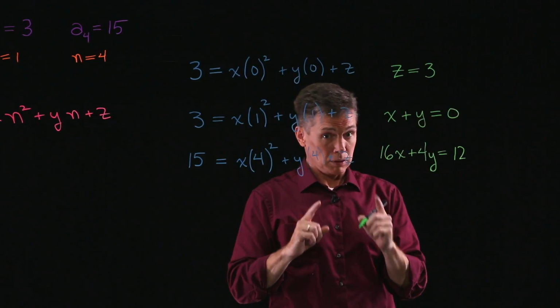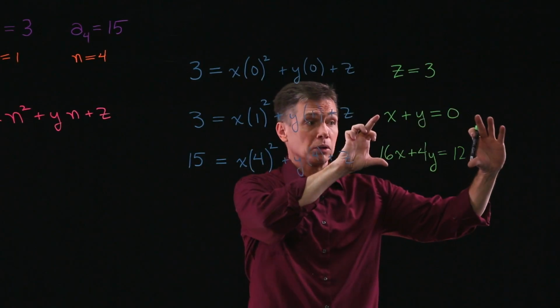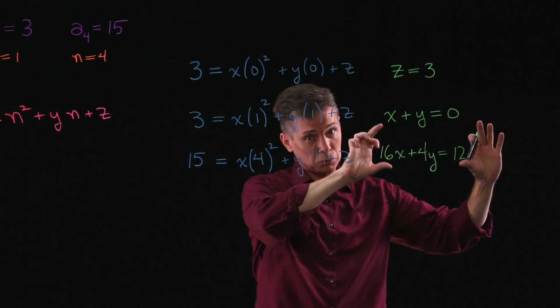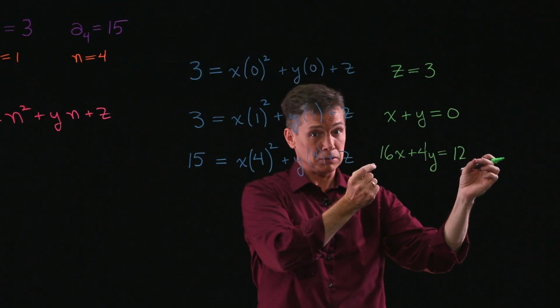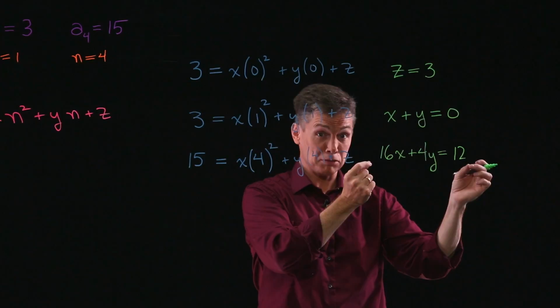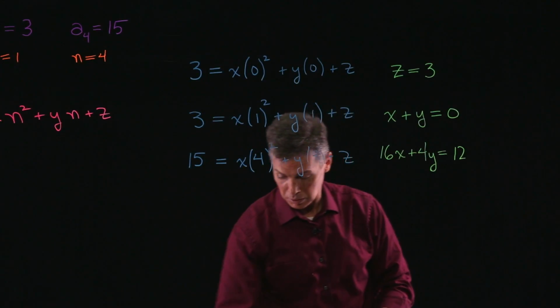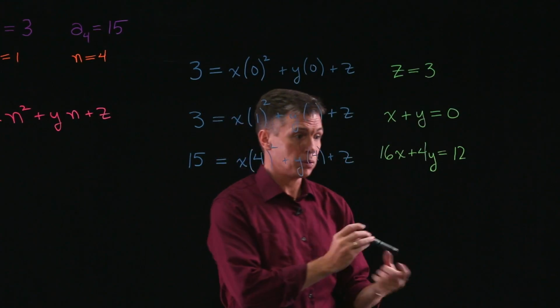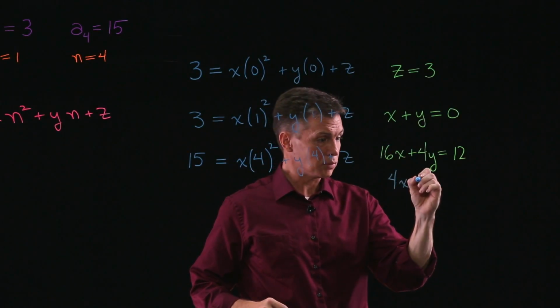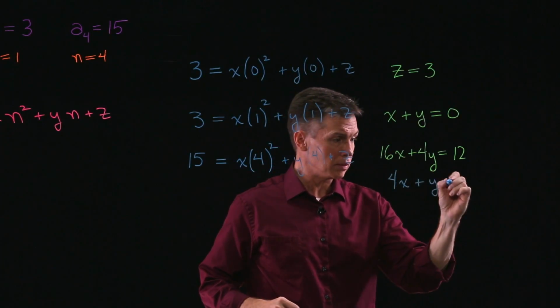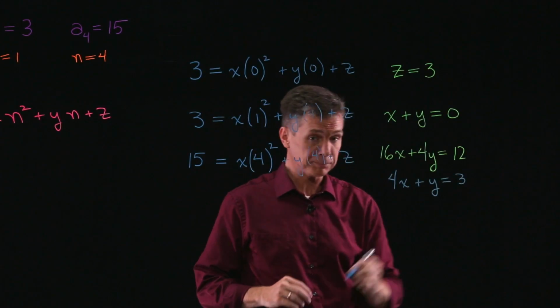Okay, that's good. And from these two equations, we'll figure out what x and y are, but I'm actually going to take that second equation. It seems to me that it's begging to be divided by 4. Okay, so let's divide this equation by 4, and we'll get 4x plus y equals 3.